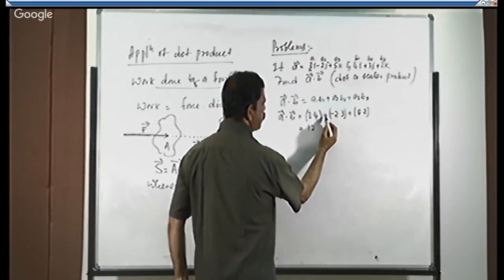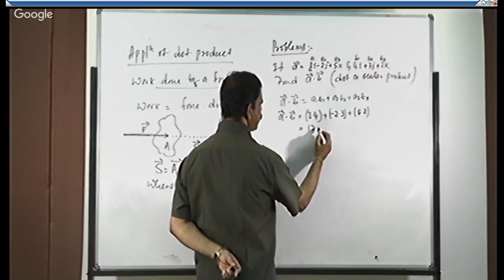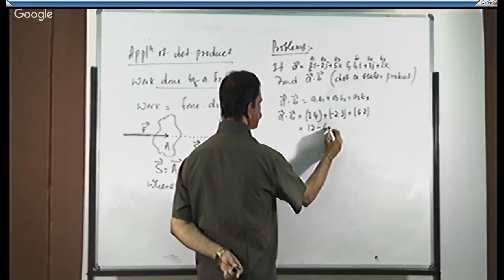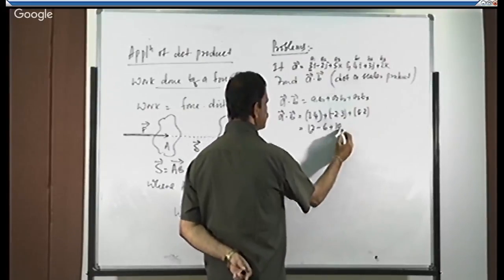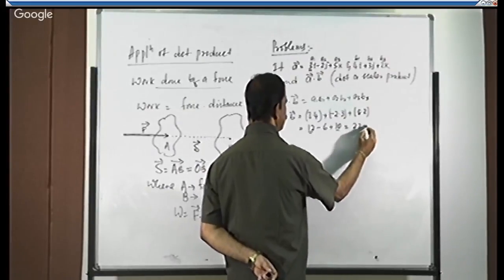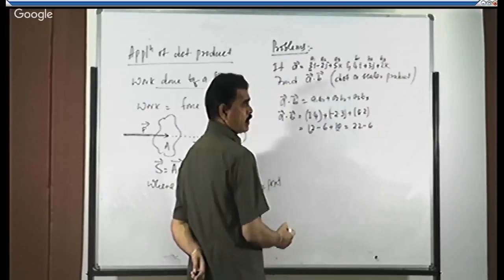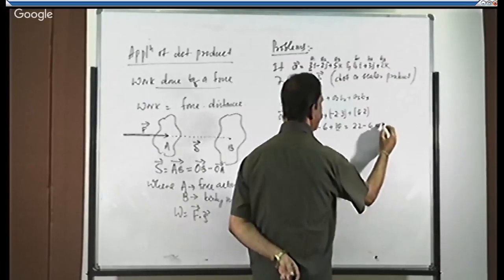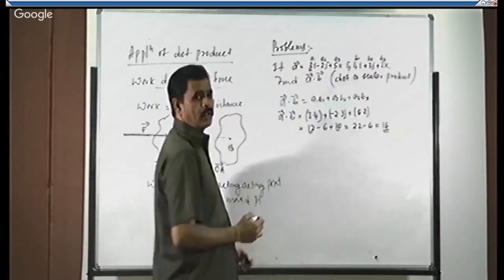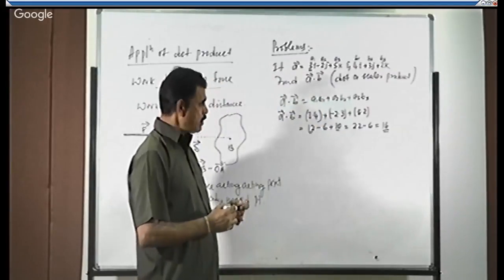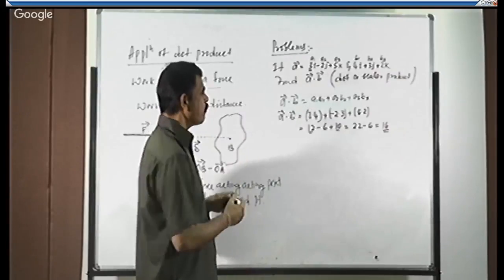Take the minus into consideration here. Plus into minus, minus. 2 3s are 6. Plus 5 2s are 10. 12 plus 10 is equal to 22. 22 minus 6 is equal to 16. So 16 is the dot product of the given vectors, right?